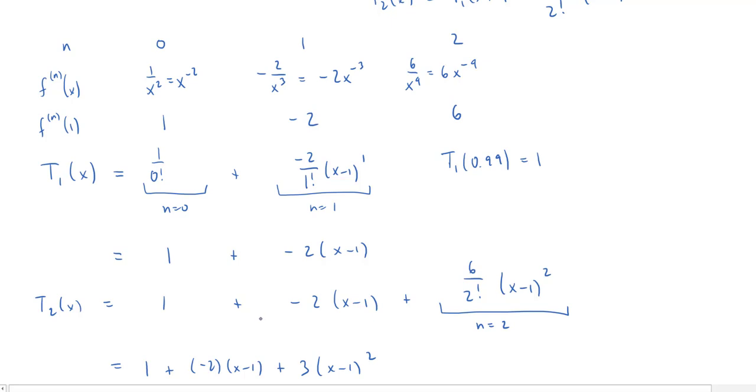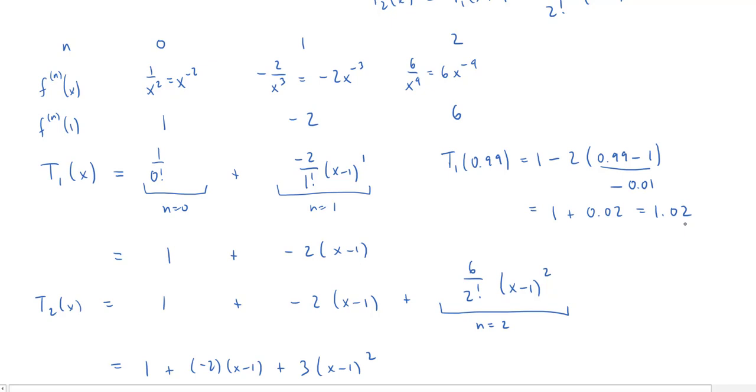And let's see, then we're going to have minus twice 0.99 minus 1. Okay, well, we know that 0.99 minus 1 is negative 0.01. If we multiply that by -2, we're going to get plus 0.02. So this will be 1 plus 0.02, which is 1.02.